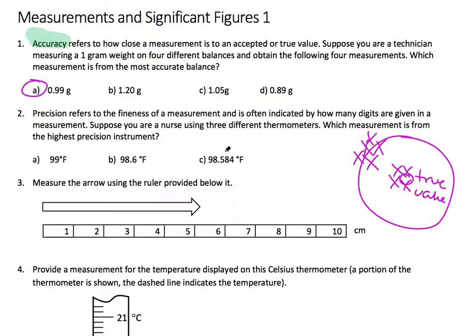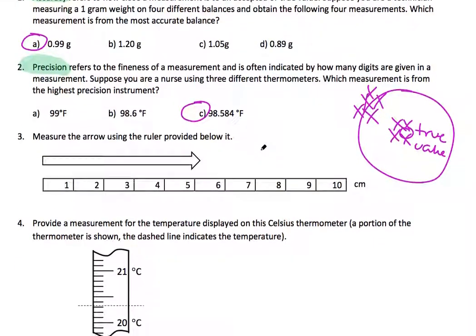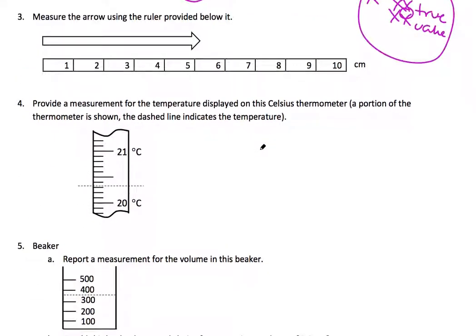So that would mean that I'm capable of higher precision. So when you're asked about precision, then it's nice to have values that take you out for their decimal places. So the most precise measurement, the most fine measurement, so smallest increments can be measured, you can see C.